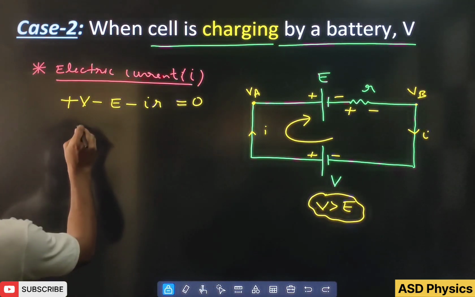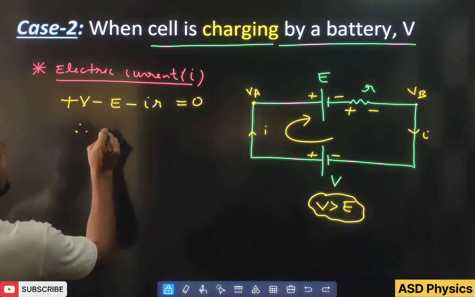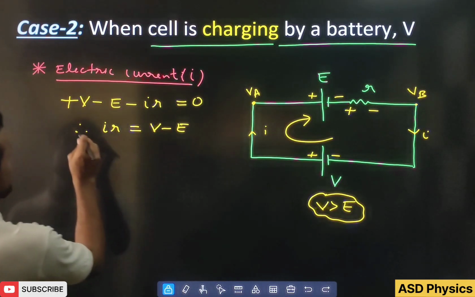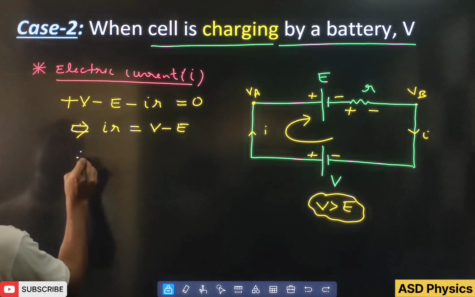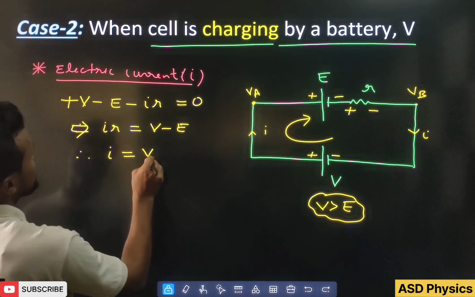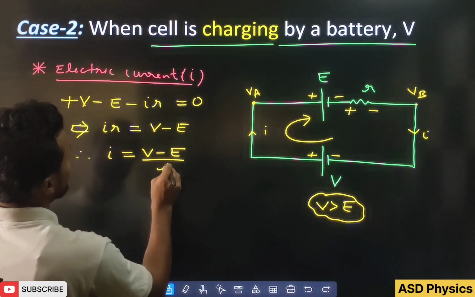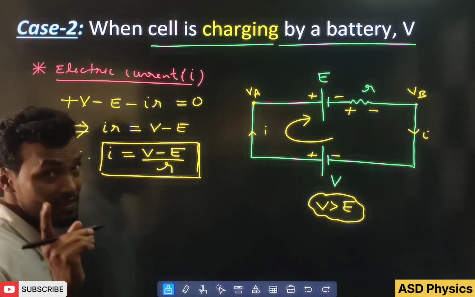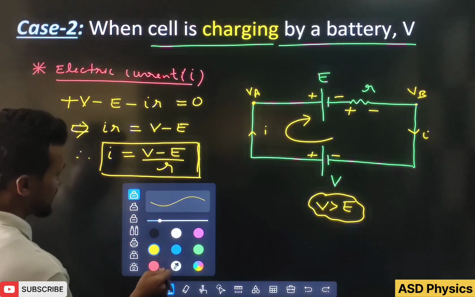So IR is equal to V minus E, hence I will be (V minus E) by R. This is the current, kindly remember that.